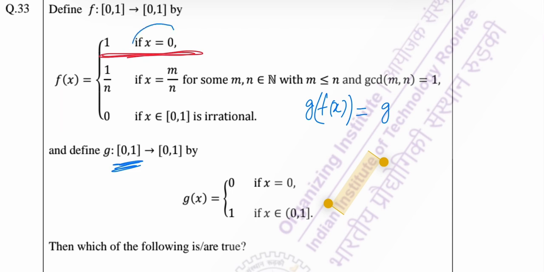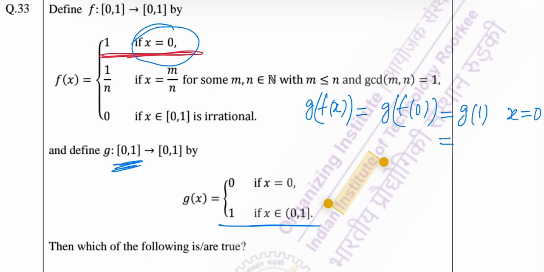And first you see x is 0. For x equals 0, the value of the function is 1. So here x equals 0, and you see f(0) is 1. And g(1), if you observe, g(1) is 1.